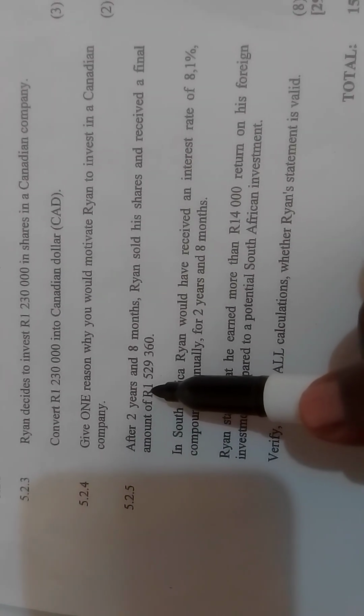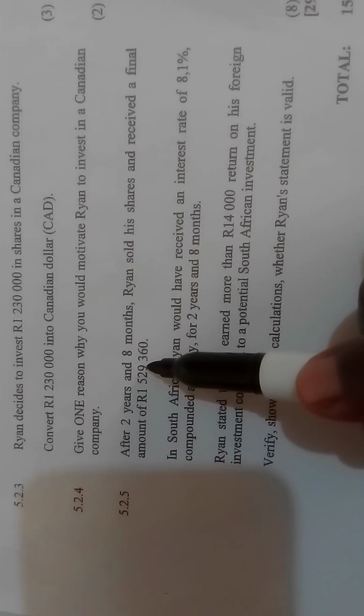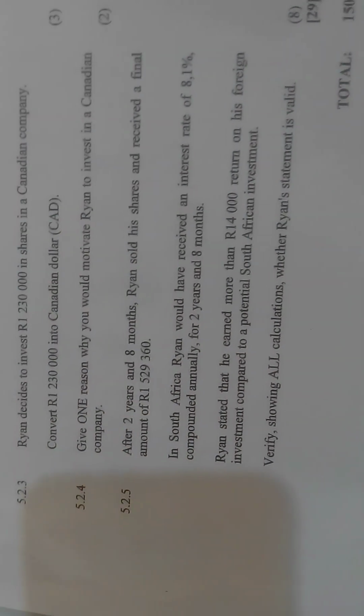Now let's go back to the figure that he got. How much did they say? From his investment from Canada, he got 1,529,000. And here, after calculating, if he was earning 8.1% compounding annually, it's 1,514,000. So 1,514,000 is less than 1,529,000.